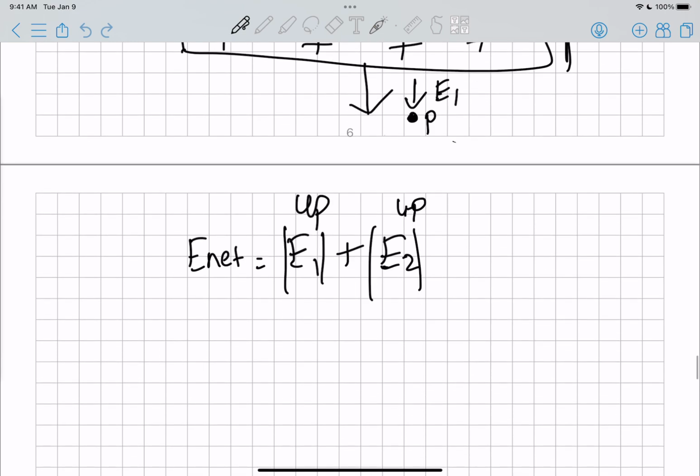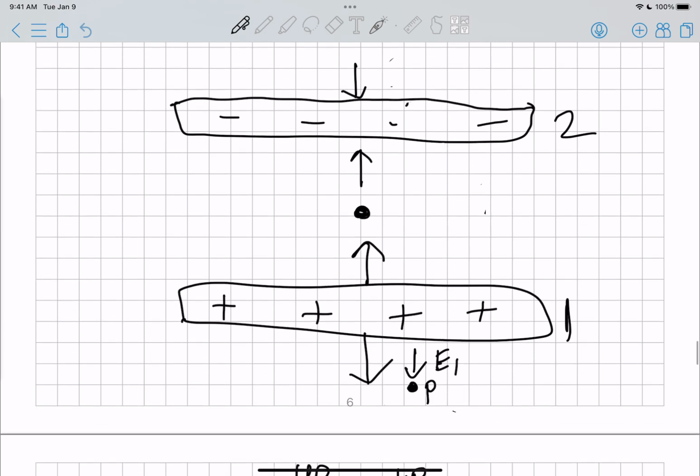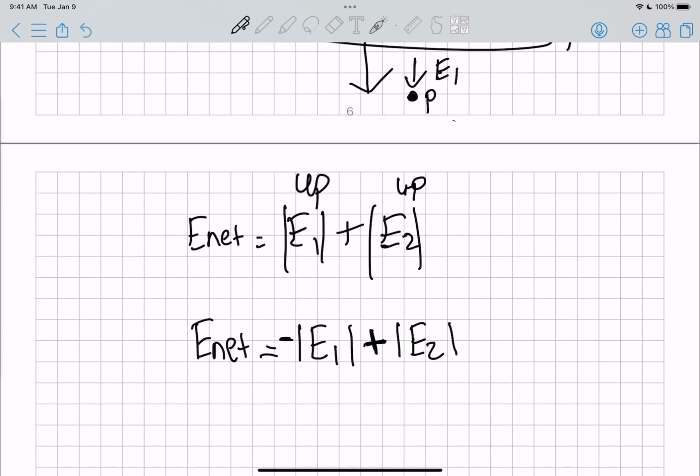So if we wanted to write an E net for this, we'd say E net is equal to the absolute value of E1, but it's negative on the outside because it's downwards, plus the absolute value of E2, and that plus is positive here, because E2's electric field would be pointing upwards because the charge would have been attracted to that negative sheet. Does that make sense so far?